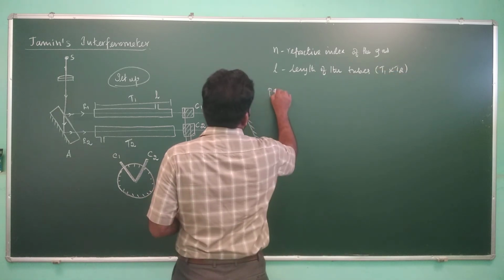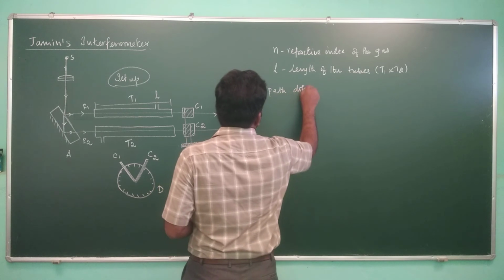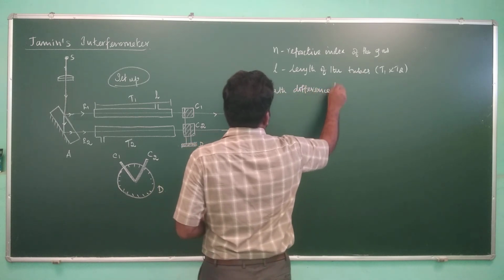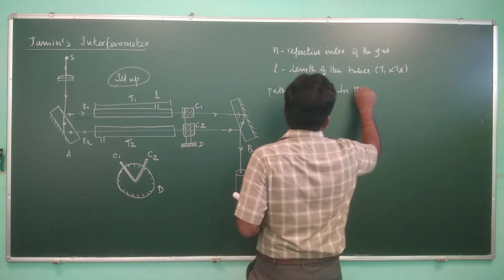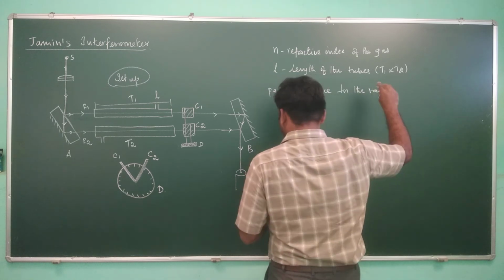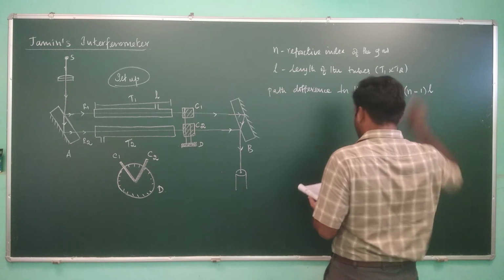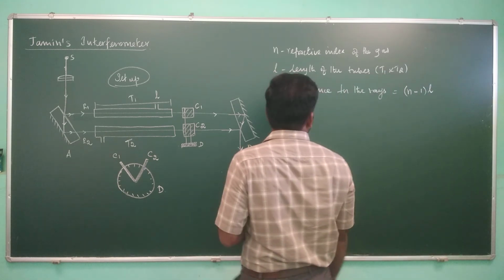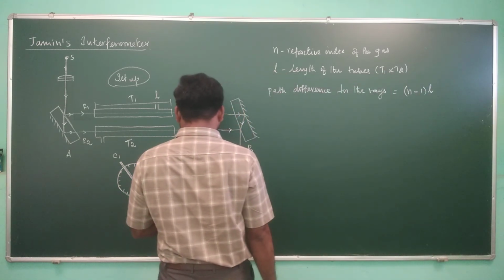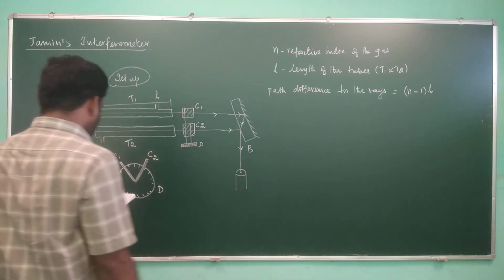So now the path difference between the two rays is (n minus 1) times L. Okay, (n minus 1) times L, right?